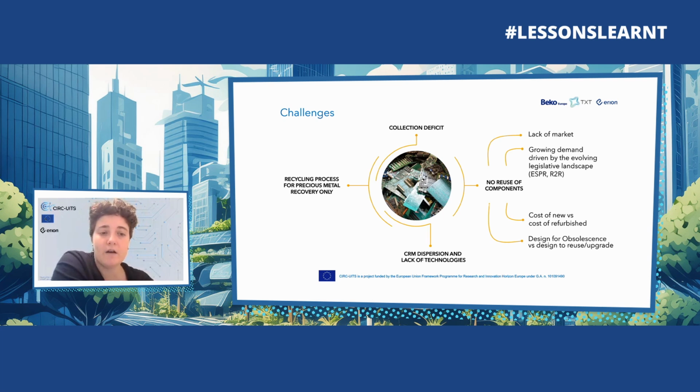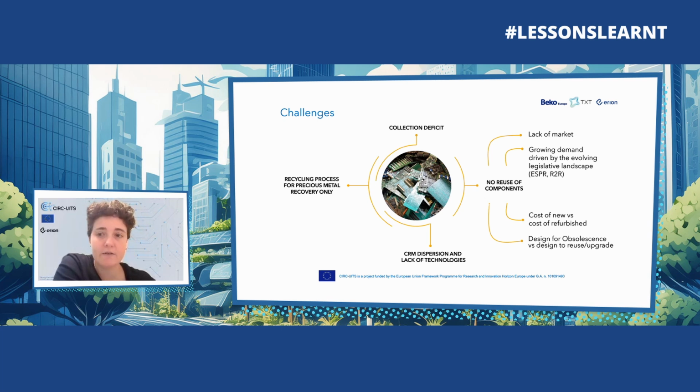Also, because of the lack of technologies and the ability of the treatment plant to develop new processes in a flexible way. Of course, the market and the European legislative panorama are now pushing for the reuse of components, and to create new business models that allow the material to be held in Europe.